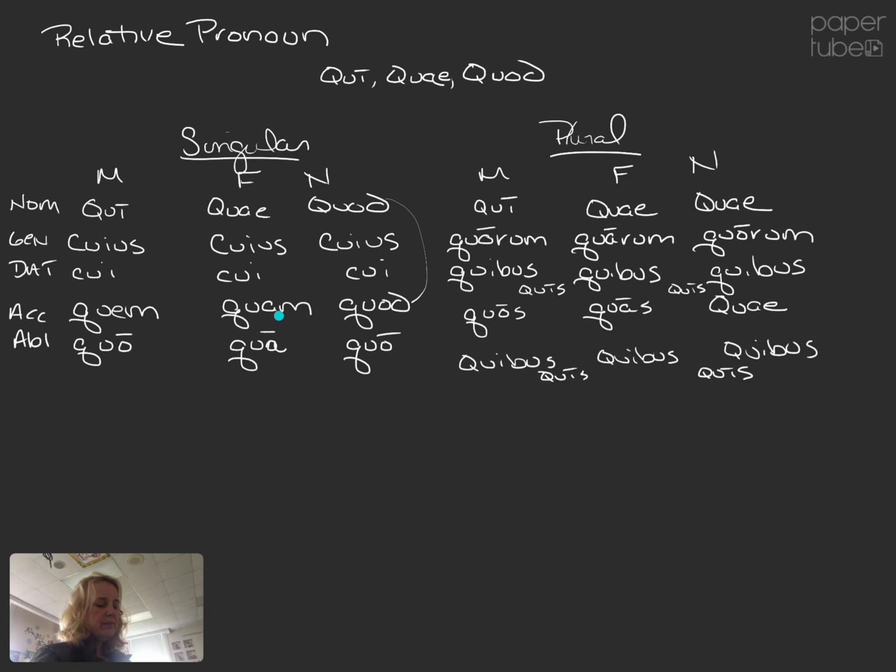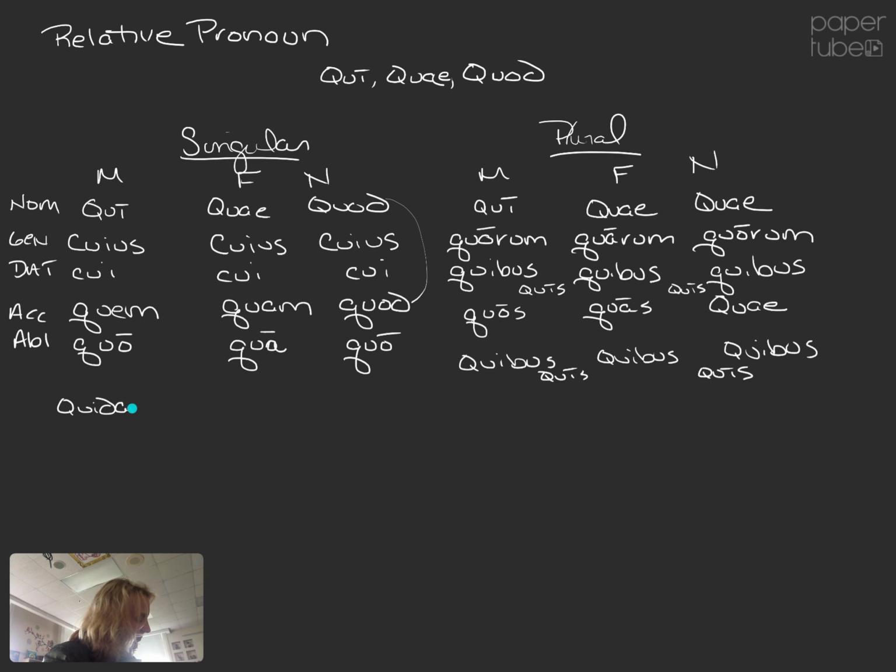Quarundam, quorundam. Quibusdam, quibusdam, quibusdam. Quosdam, quasdam, quaedam. So you see a dam on something that looks like it's a qui, quae, quod, maybe with an M to N shift. Look up quidam.